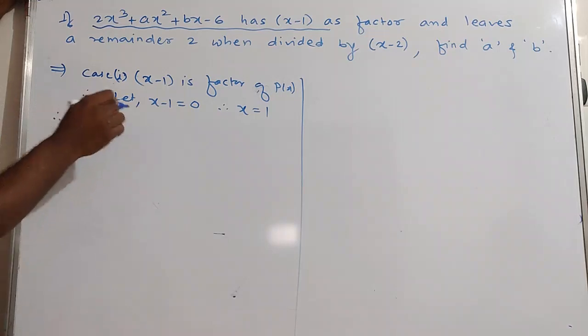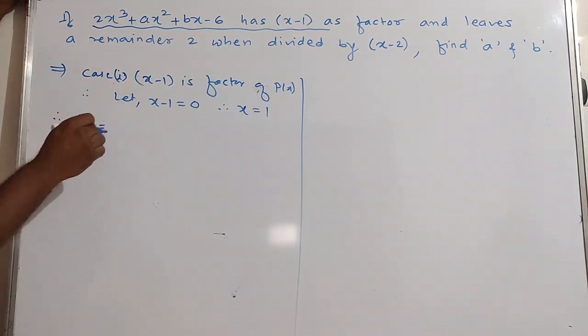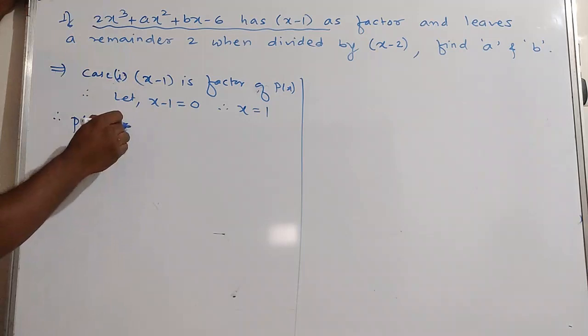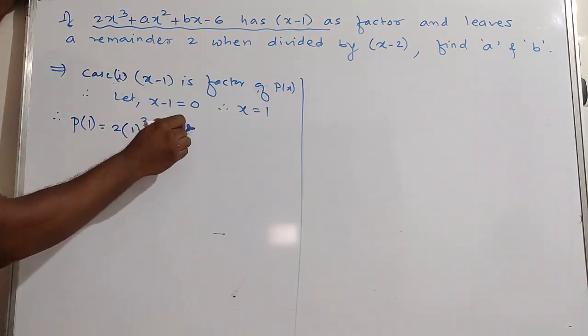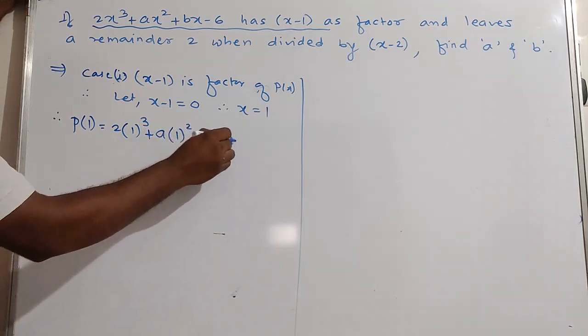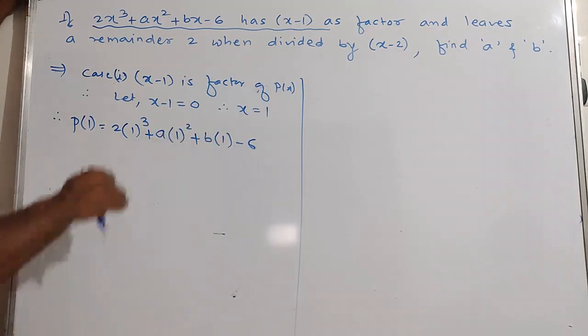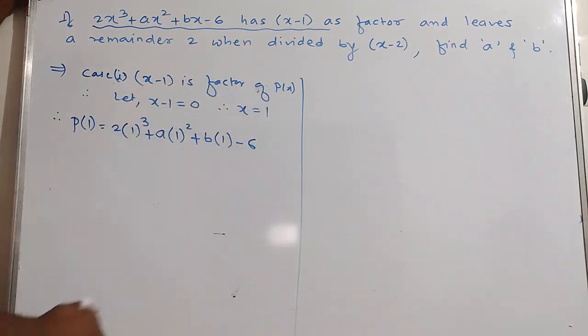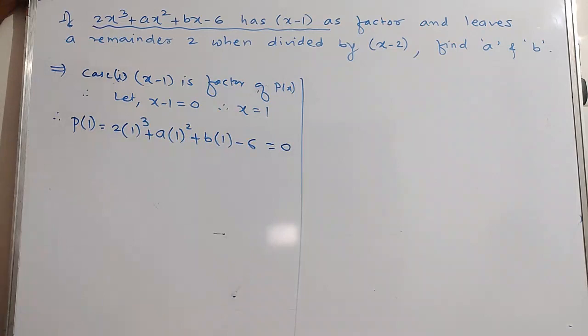and this x is equal to 1 I'll substitute in given p(x). So p(1) is equal to 2 into 1³ plus a into 1² plus b into 1 minus 6, and it is told here that x − 1 is a factor, so definitely the remainder will be 0.